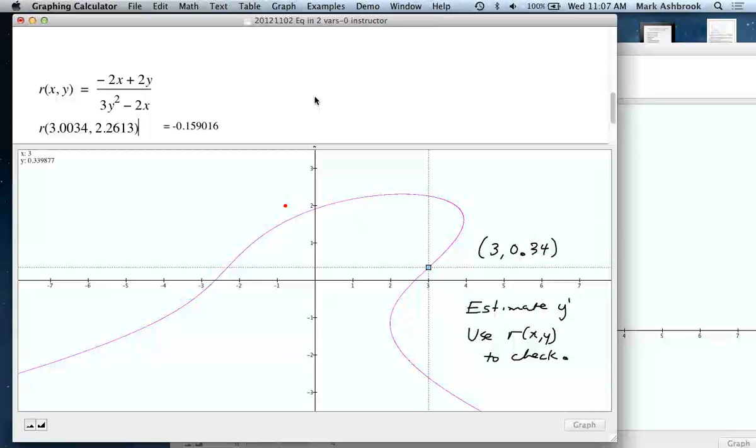Okay, Connor, what do you think about an estimate for this rate of change at 3, 0.34? Just by looking. Maybe a positive.